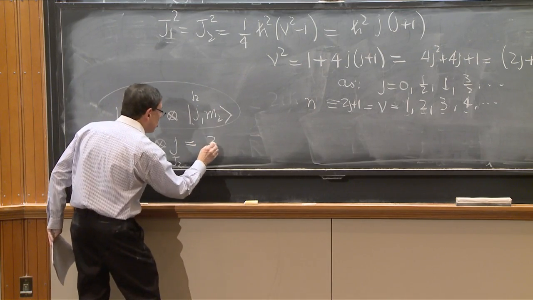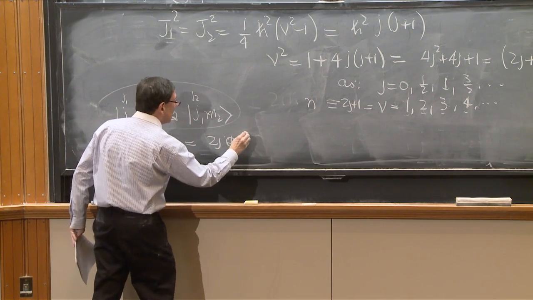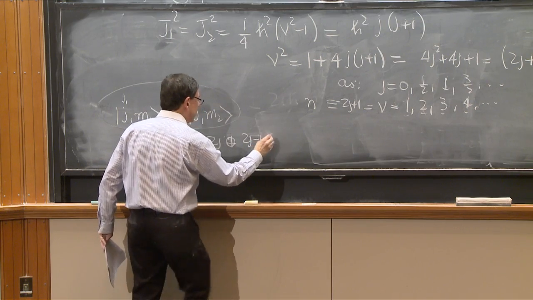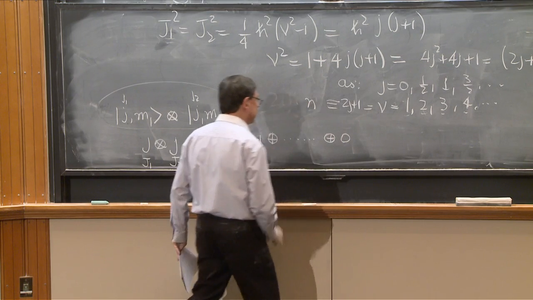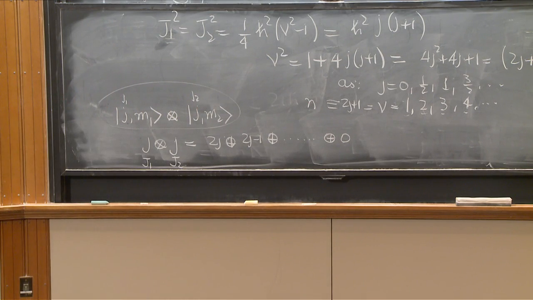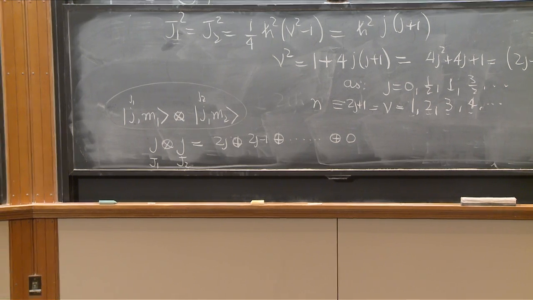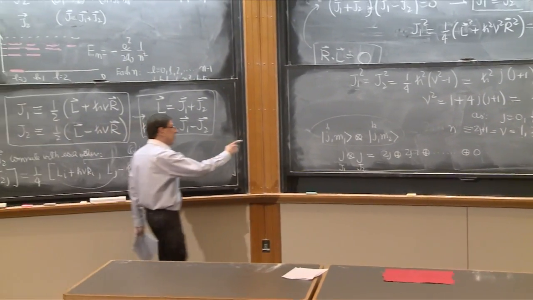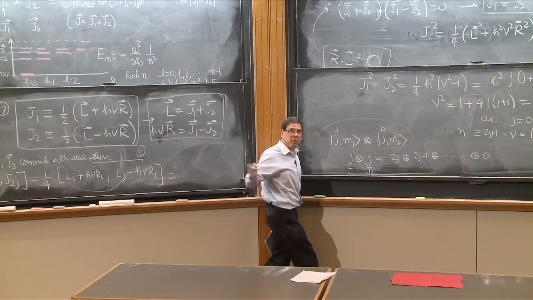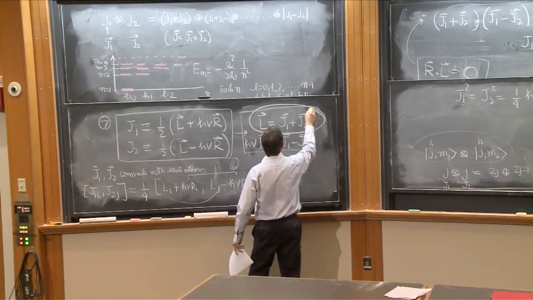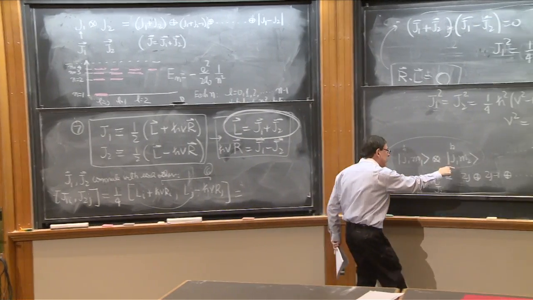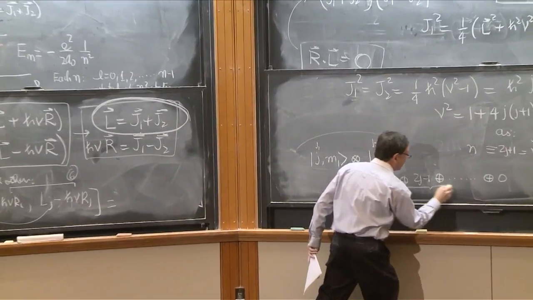This is 2j plus 2j minus 1 plus all the way up to the singlet. But what are these representations of? Well, here we have J1 and here is J2. This must be the ones of the sum. But who is the sum? L. So these are the L representations that you get.